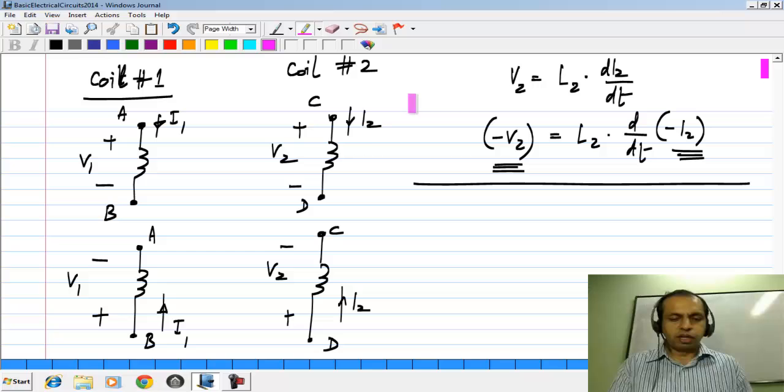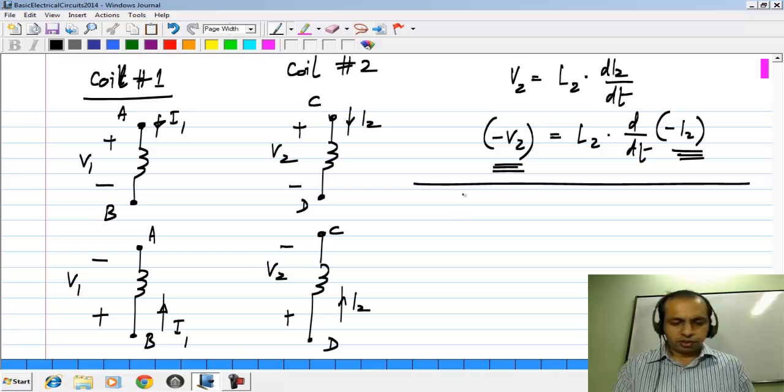But when you have a mutual inductor, there is a problem. Now, I could define coil 1 to be like this and coil 2 to be like this, or like that. That makes a difference for the mutual inductance, because this current is the opposite of that current.